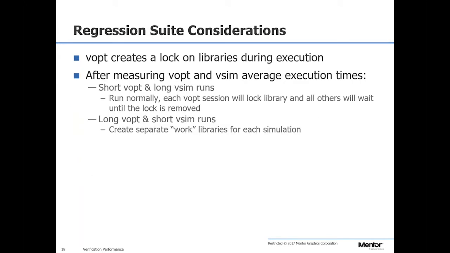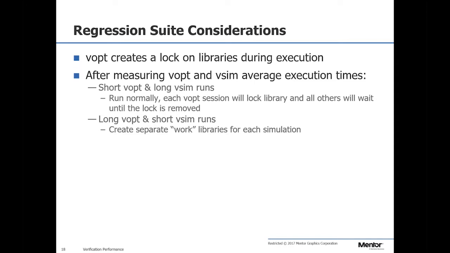So when you run the vopt command, that actually locks the work libraries. So be careful, and that's why I say you probably don't want to use that two-step flow when you're doing a whole regression suite. Because let's say I've got 100 simulations, and it takes about 5 minutes to do the optimization, takes about 10 minutes to run the simulation.